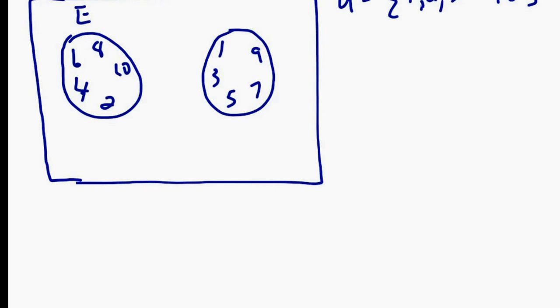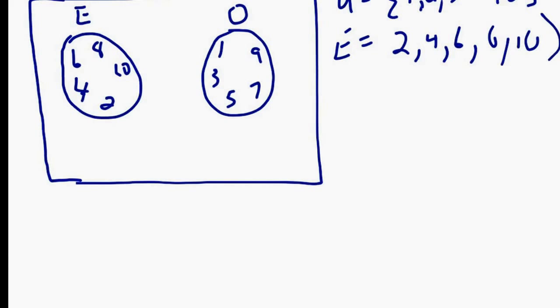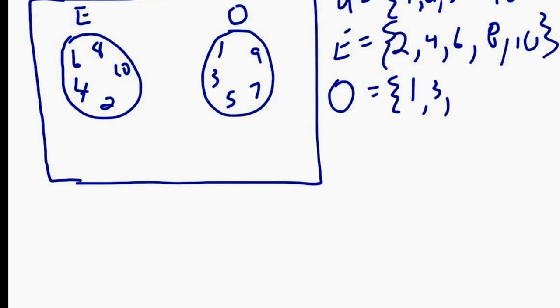And let's do another one to show primes. Let's just list these so we don't mess up. Our even numbers are 2, 4, 6, 8, 10, odds are 1, 3, 5, 7, 9, and then primes.